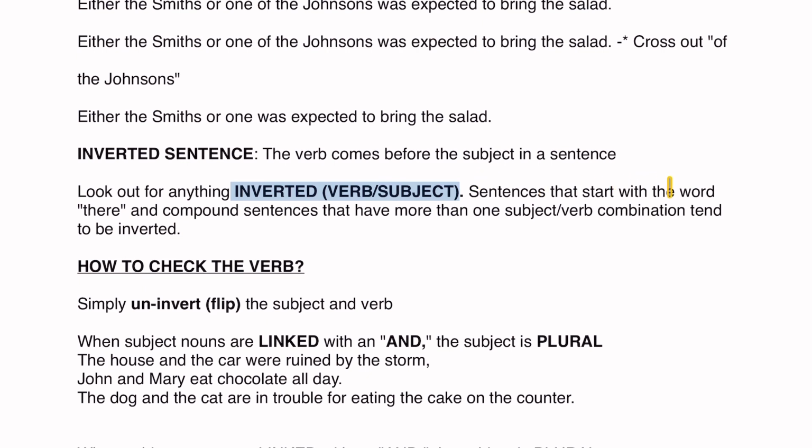Sentences that start with the word there, and compound sentences that have more than one subject verb combination, tend to be inverted. So sentences that start with there, and compound sentences, meaning big sentences with more than one subject verb, tend to be inverted.